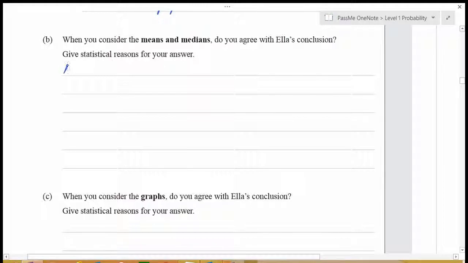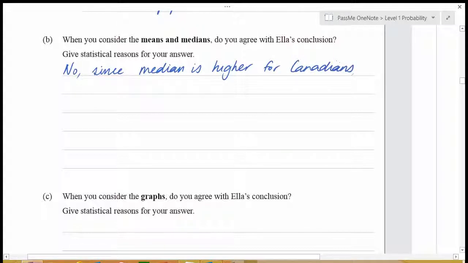Well, no, really. So no, since the median is higher for Canadians, but the mean is higher for Australians.